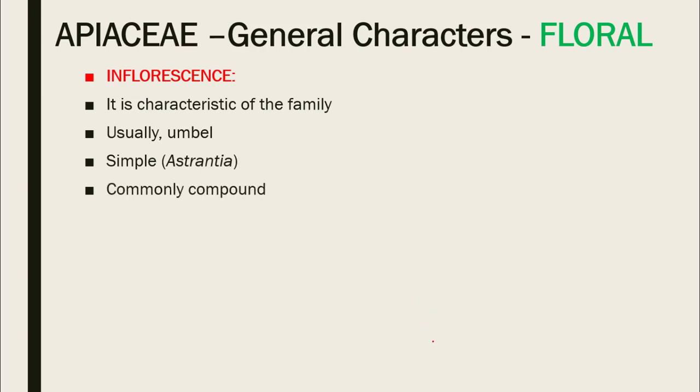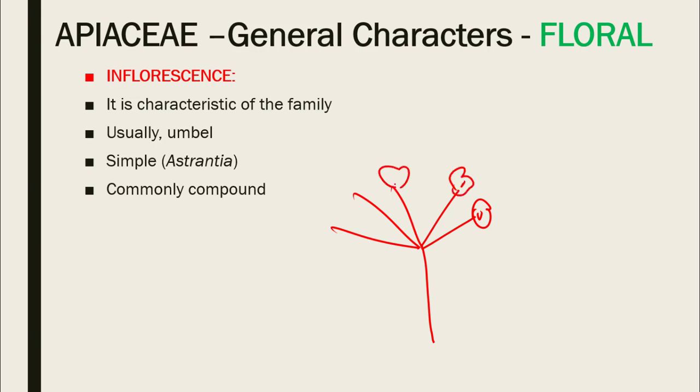Now what is umbel? We have already discussed it, that flowers seem to arise from one point. Few flowers, since the internodes are extremely short, so these are the flowers which seem to arise from a common point. And we have the bracts of all the flowers here.